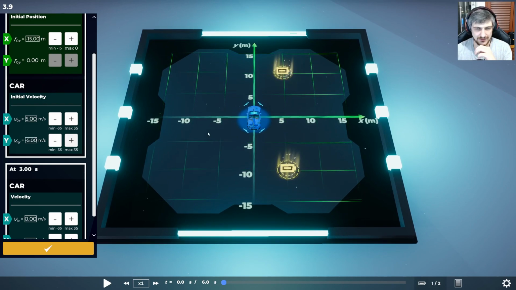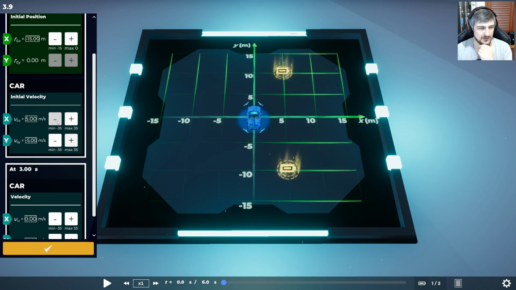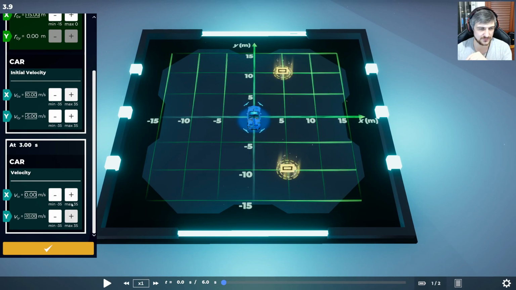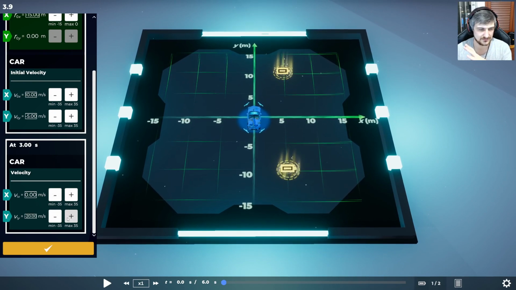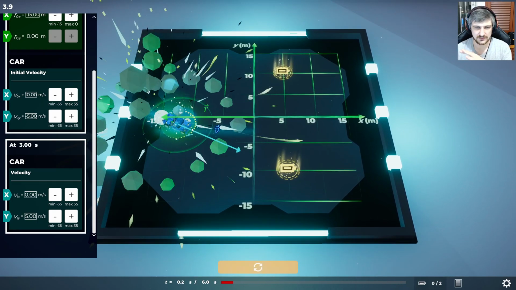I want to go here to here in 2 seconds, which means plus 10 minus 5. And then I just want to go plus y. 5. Why am I making this difficult?